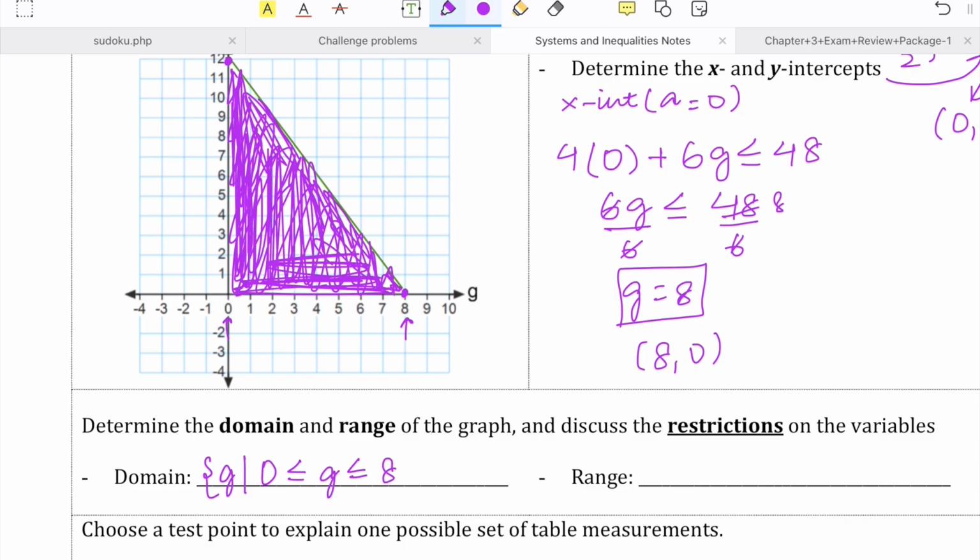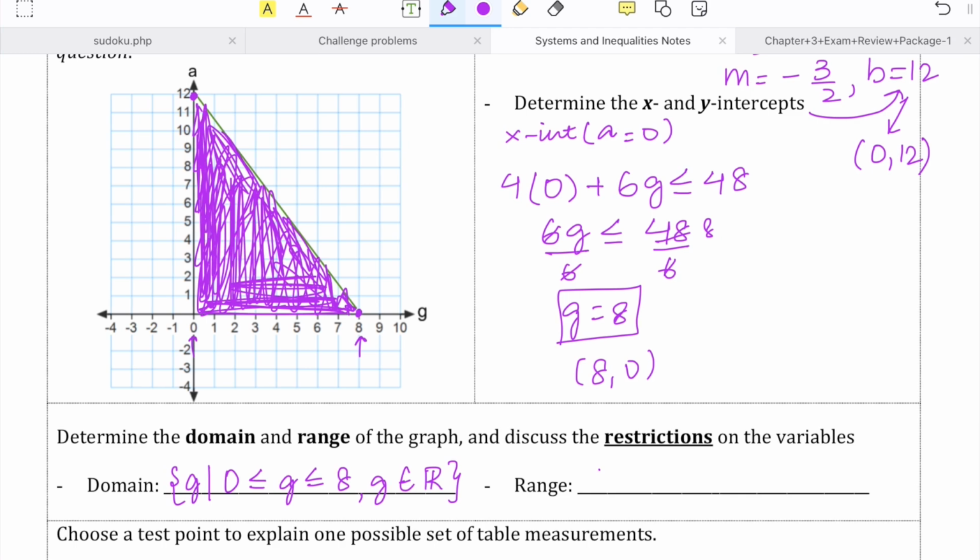Yeah. If it was just less than, it wouldn't be equal to. It'll just be less than 8. Such that G belongs to R. Your range now. A such that it's between 0 and 12. A belongs to R.